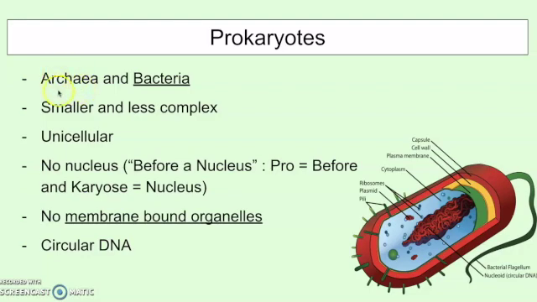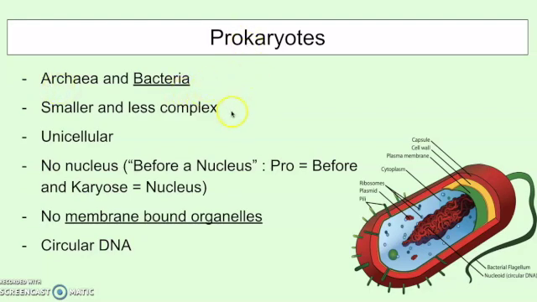Not that we need to know a whole lot about archaea right now, but in case you're curious, archaea tend to be extremophiles. They're able to withstand a wide environmental tolerance of things like temperature, salinity, and even radioactivity, which causes them to be found in some very obscure places like hydrothermal vents, the Dead Sea, which has a very high salinity, and places like oil wells, and so on.